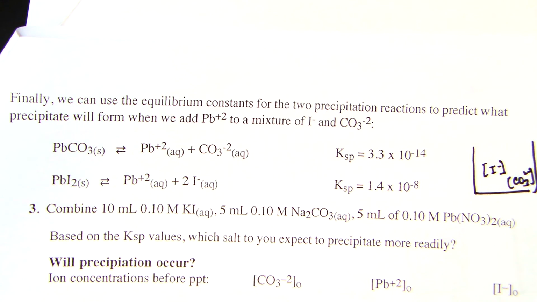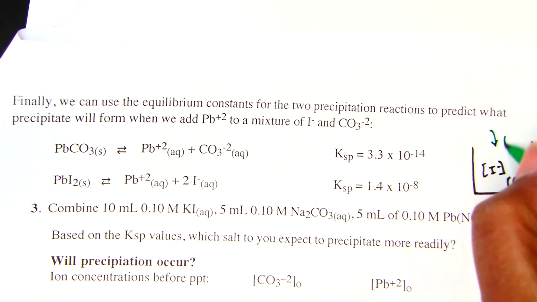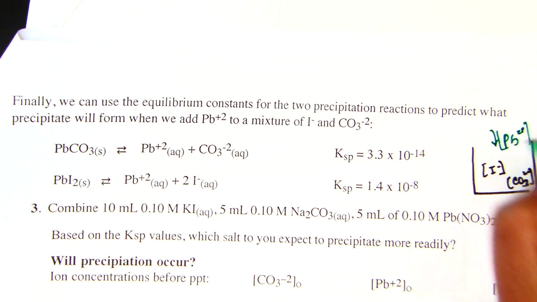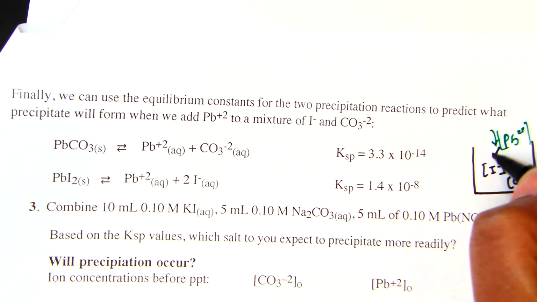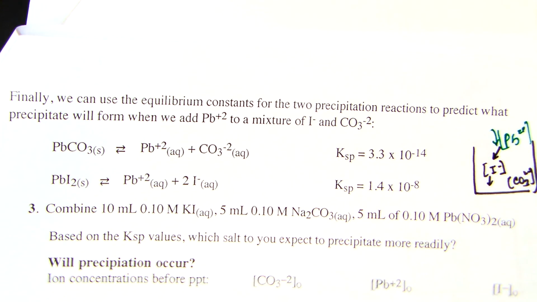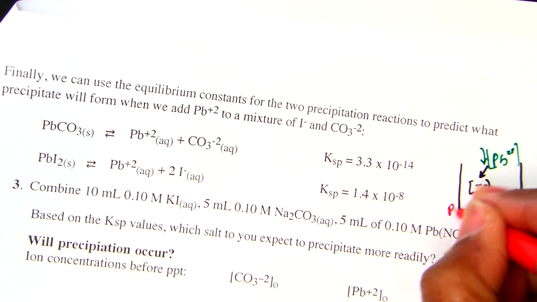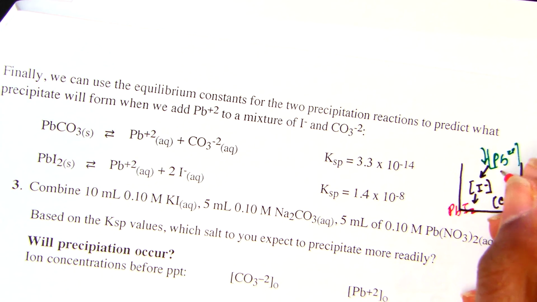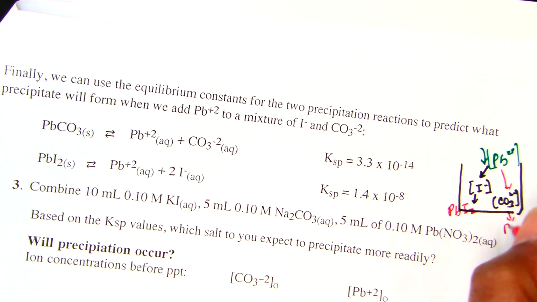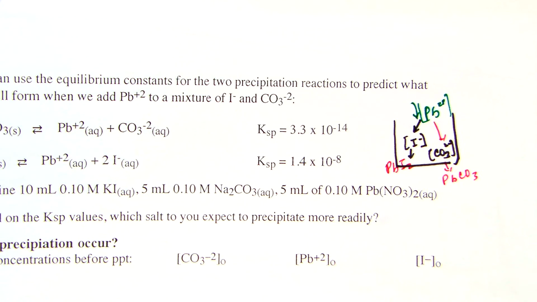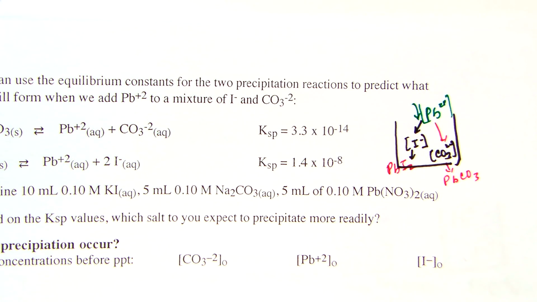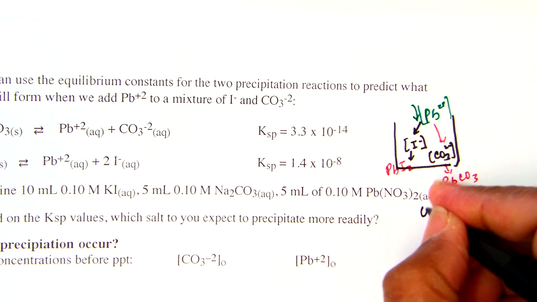Remember, you can't just add ions, so there must be a spectator ion with each of those, and lead with iodide will form PbI2 and lead with carbonate will form PbCO3. What they are asking is which one will precipitate first. Well, the one where the Q exceeds Ksp first will precipitate first.